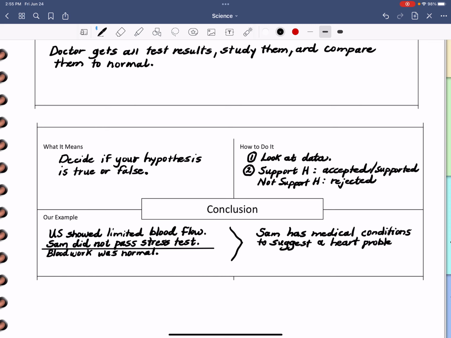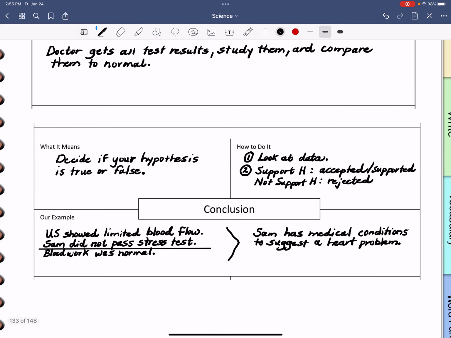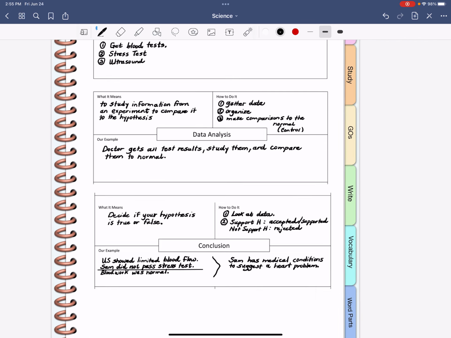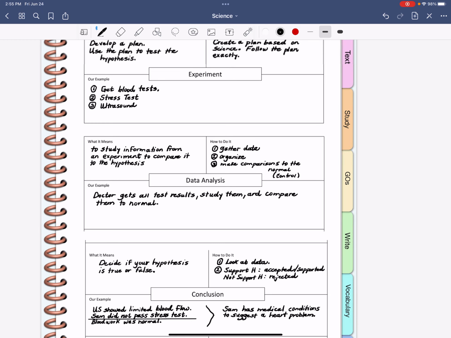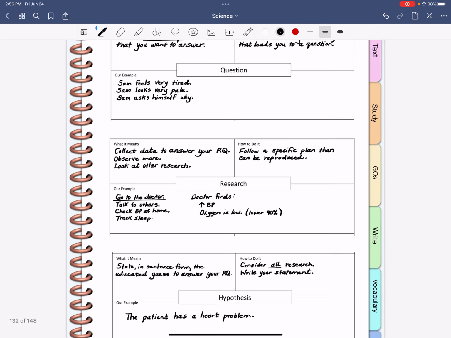Sometimes blood work is normal, especially if the person has not had a heart attack. Or maybe the doctor did the wrong blood test. Maybe they need to do more tests to see exactly what's going on. But just because the blood work was normal does not mean that we just throw out the whole hypothesis. So, the conclusion is going to be, let me go back and review my hypothesis.